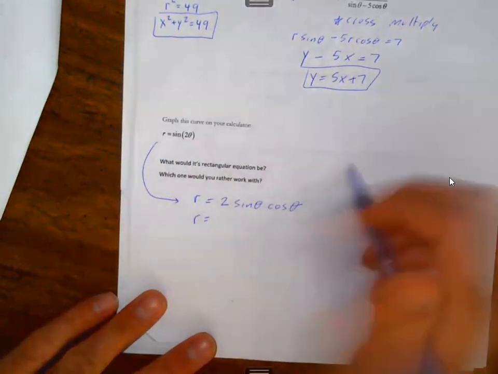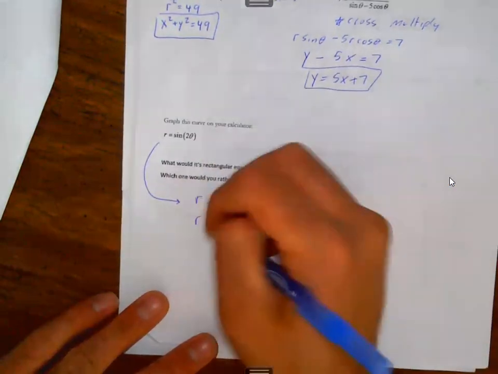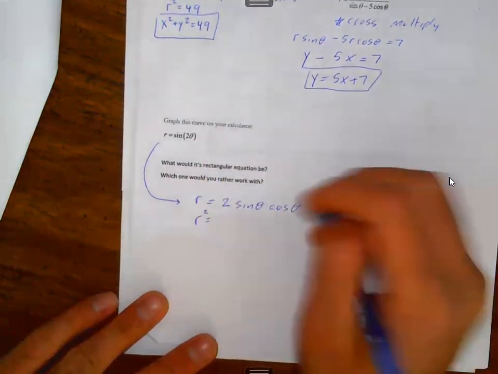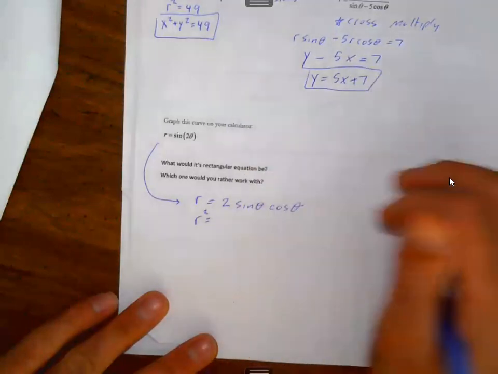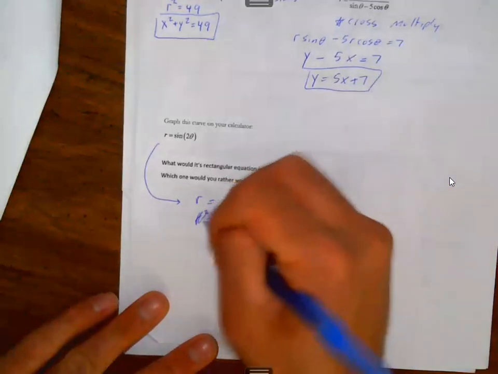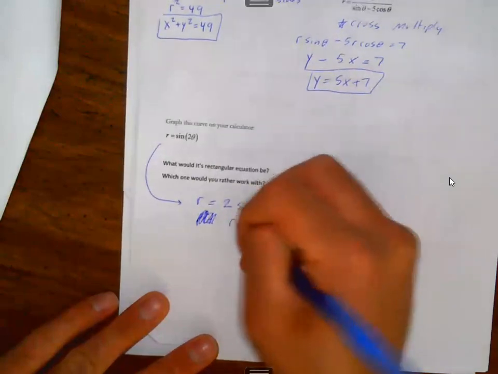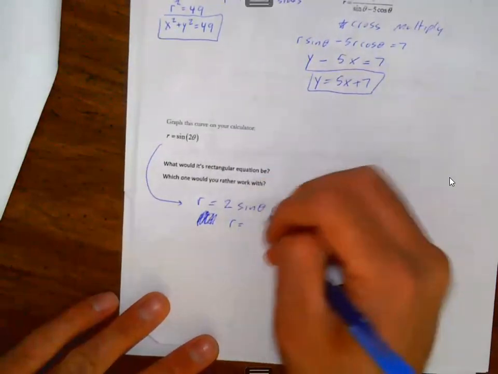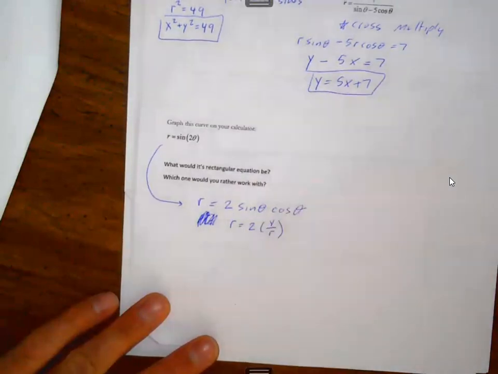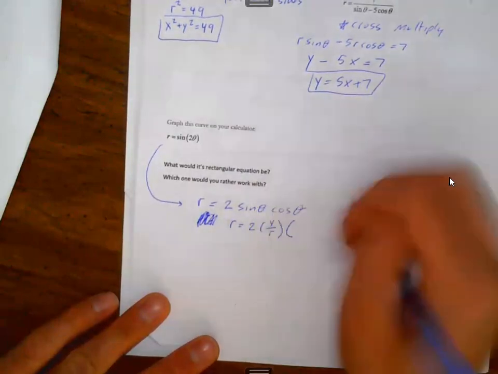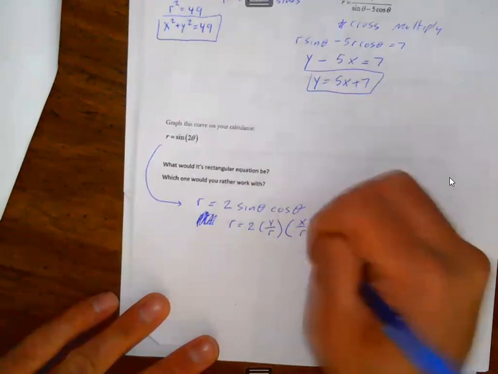Then you have to multiply both sides by r. Not yet, my fault. So then we could take sine of theta and replace it with y over r, because that's the definition of sine. And cosine is x over r.